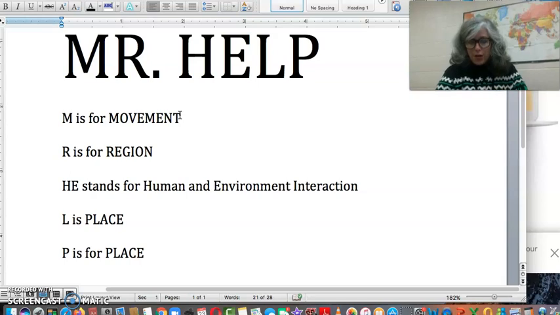Region is also a major theme in geography. A region might be governed by physical features in the environment, surface or subsurface features. Perhaps there are some regions, like a region that we call the breadbasket of our country, where wheat and corn and other grains commonly used in our food supply grow really, really well because of environmental factors.